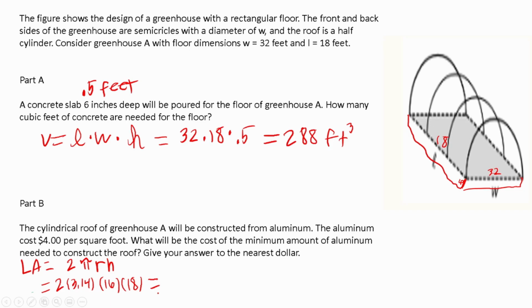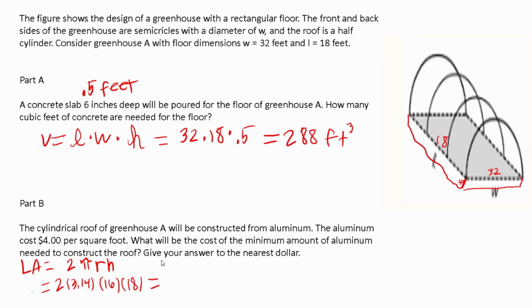And when we multiply all of this, 2 times 3.14 times 16 times 18, we get 1,808.64. Now we need to divide that by 2 because we're not dealing with the full cylinder.